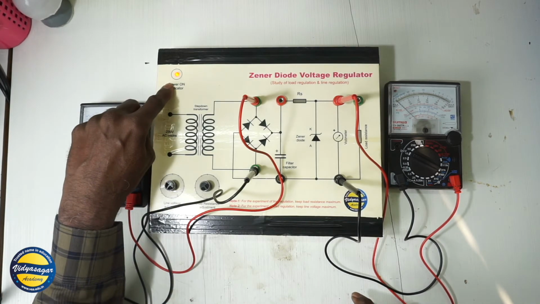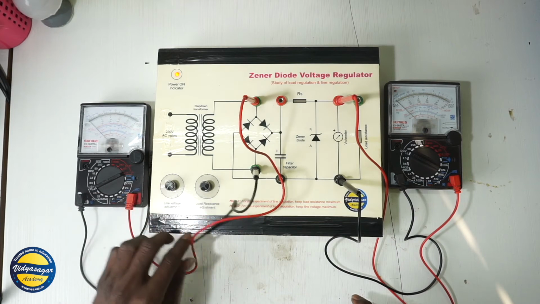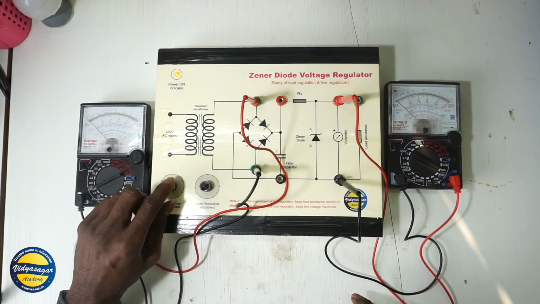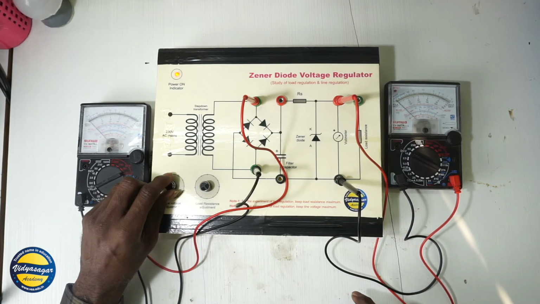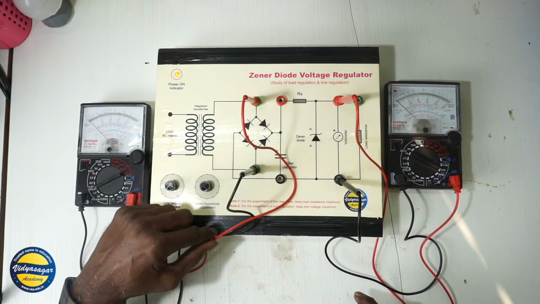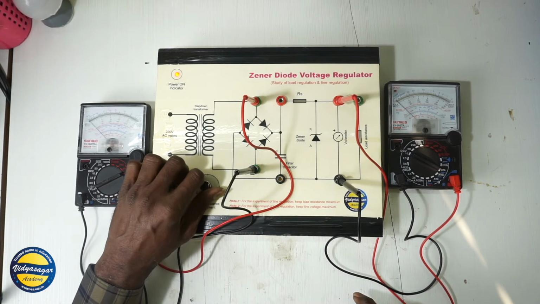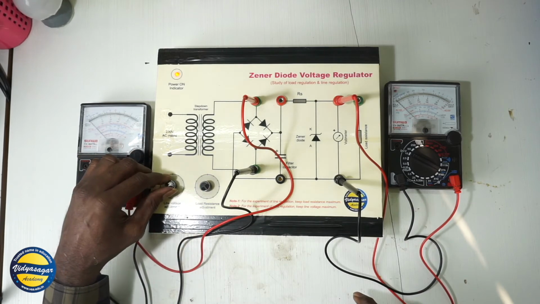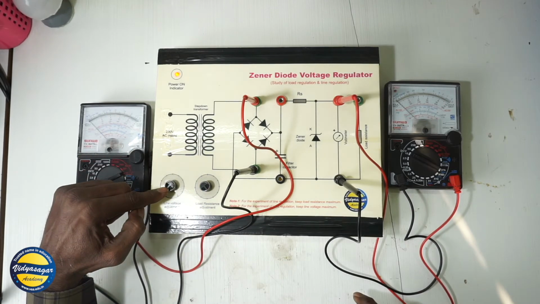The light indicator is showing, and here we have two different controls. These are simply linear potentiometers. This is the load resistance adjustment, and we have to put this load resistance at maximum.